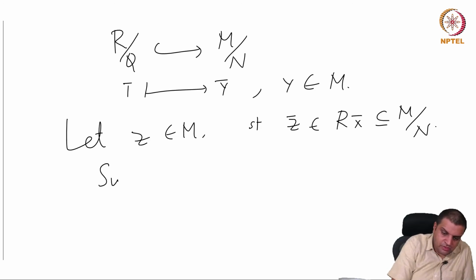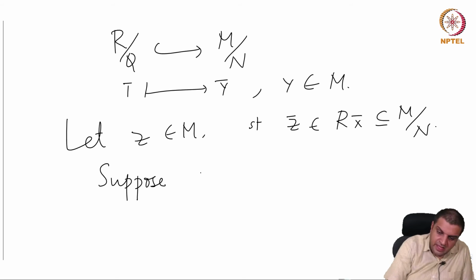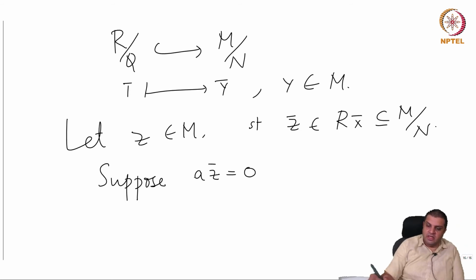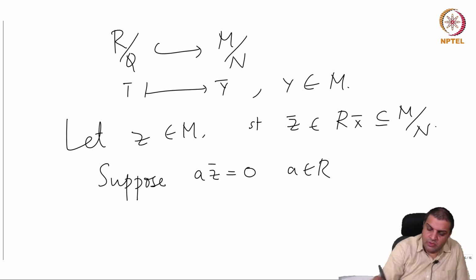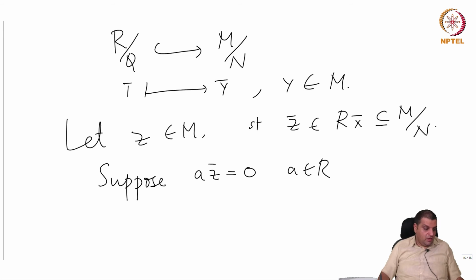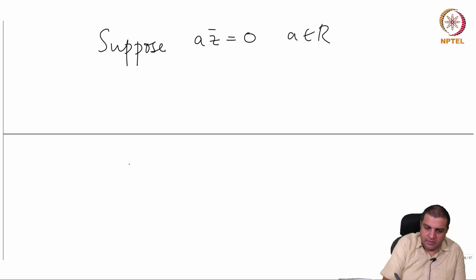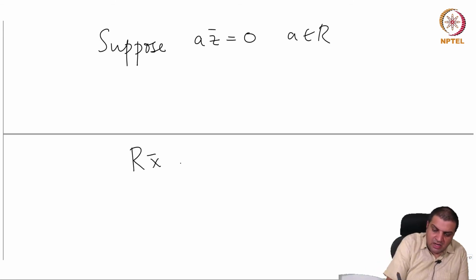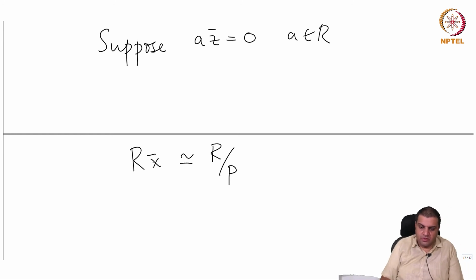So suppose a z bar is 0. So we are looking for the annihilator of z bar. Okay. So what does that say? Notice the following: R x bar is isomorphic to R mod P, because P is the annihilator of this. Okay.